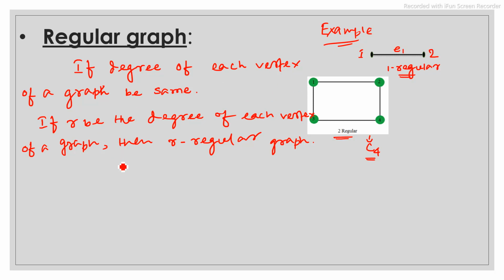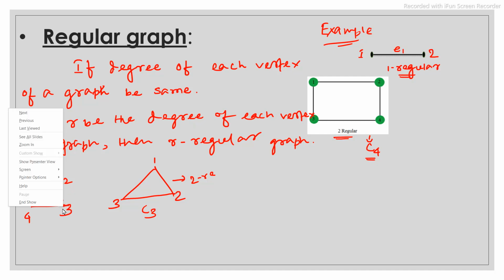Suppose this is a graph, this is C3, with three vertices here, 1, 2 and 3. This is C3, or you can say this is K3, a complete graph. We'll discuss complete graph later. This is also a two regular graph. This is also a cyclic graph with 5 vertices, and all the vertices have the same degree, which is 2.